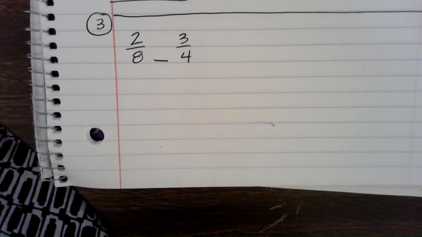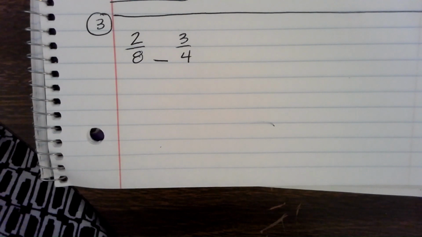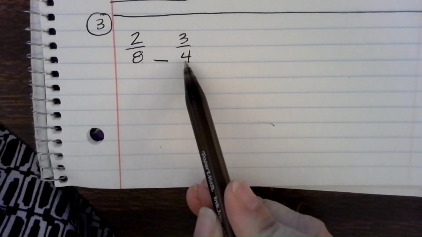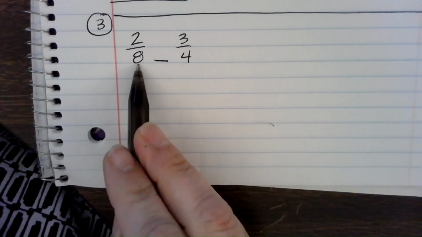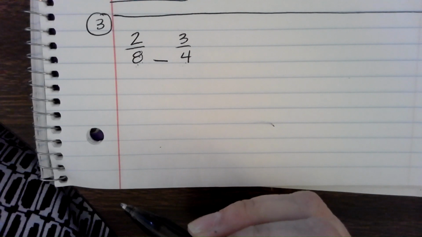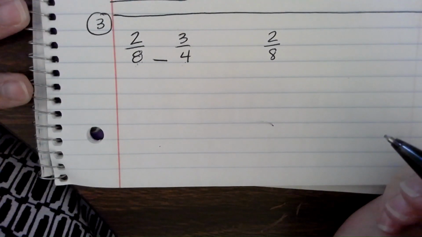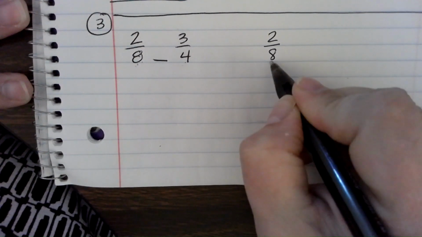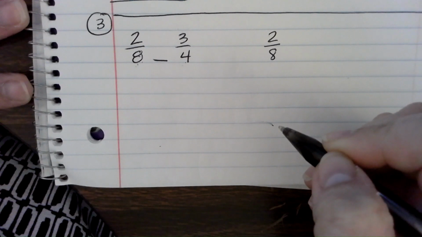Now we talked about a couple of ways to do this. The first way was that we were going to compare each of these to half of what they would be according to this denominator. When I look at 2/8, because I have 8 in my denominator, that means 4 would be half, right?